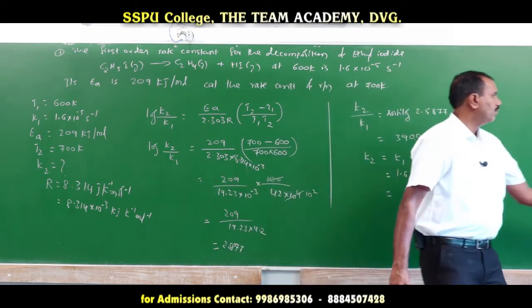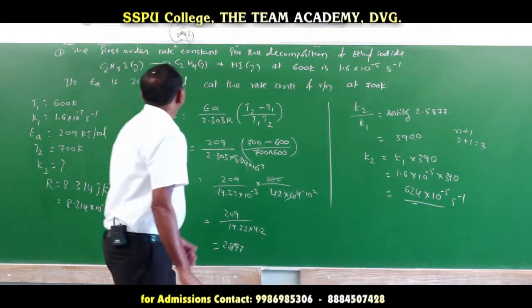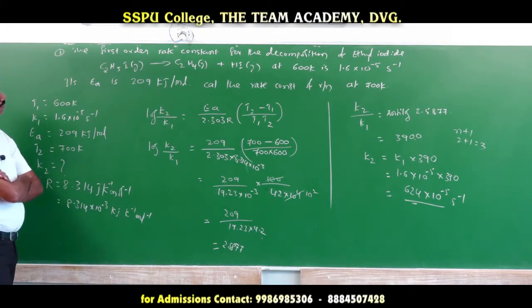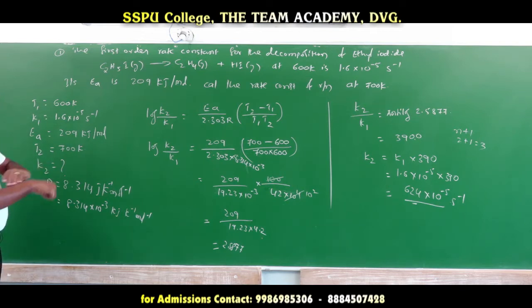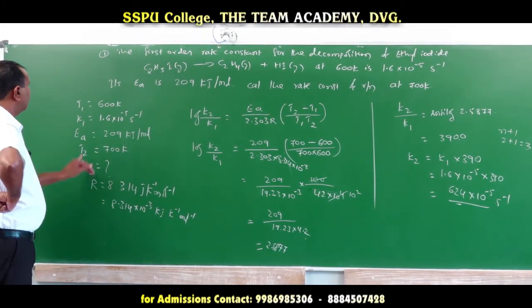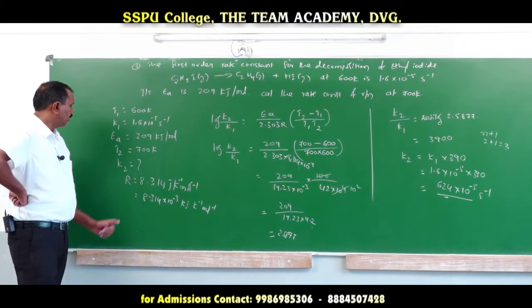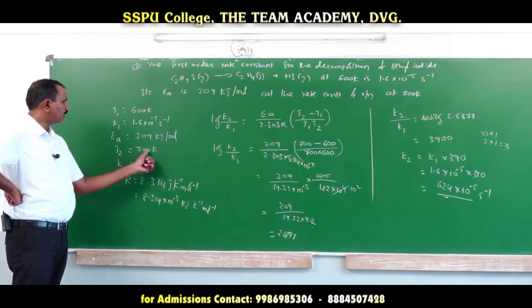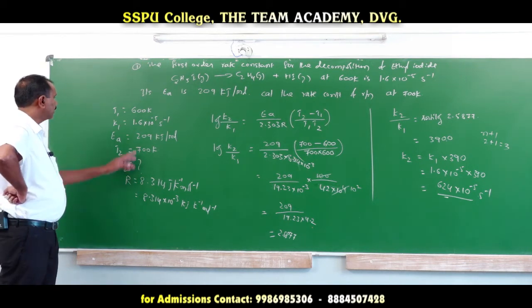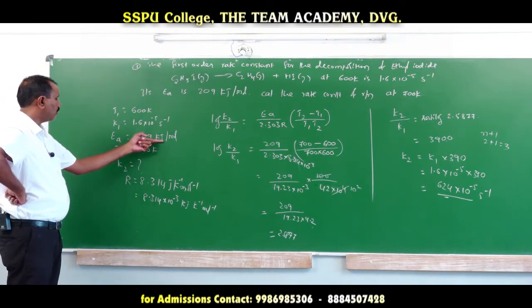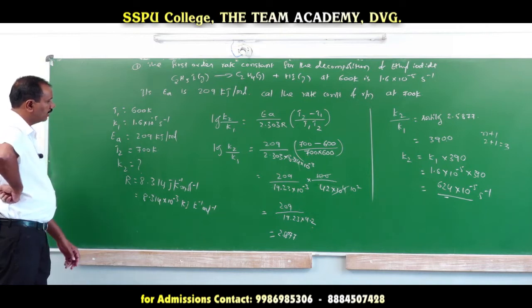Now you see, for the decomposition of ethyl iodide into ethene plus hydrogen iodide, the energy of activation is given: 209 kilojoule per mole. How to find out the rate constant at 700 Kelvin? The rate constant at 600 Kelvin is given, 1.6 into 10 to the power of minus 5. Here Ea is in kilojoules, therefore R should be kept in kilojoule.